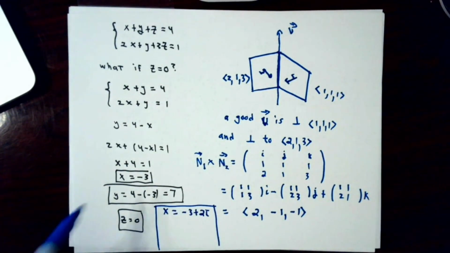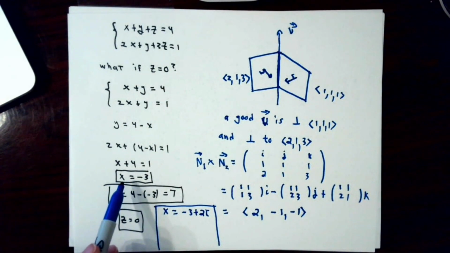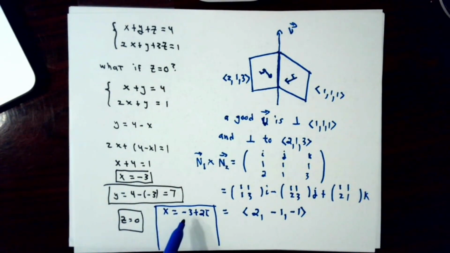X is the x-coordinate of my known point, -3, plus that number times the parameter, plus 2 times t. Y is the known y-coordinate, plus that number times t. I should probably write 7 plus -1 times t, but everyone just writes 7 minus t instead.